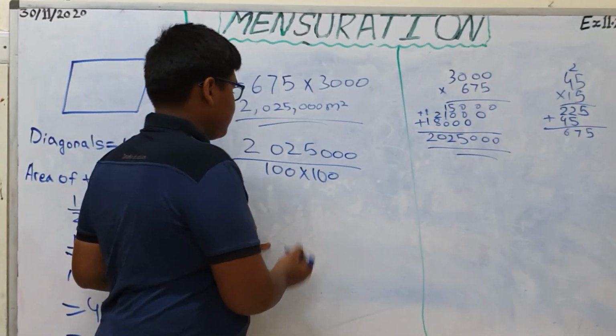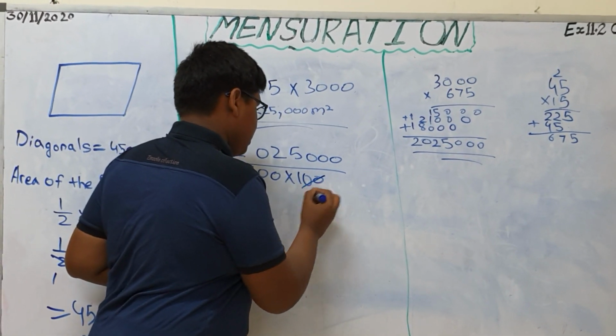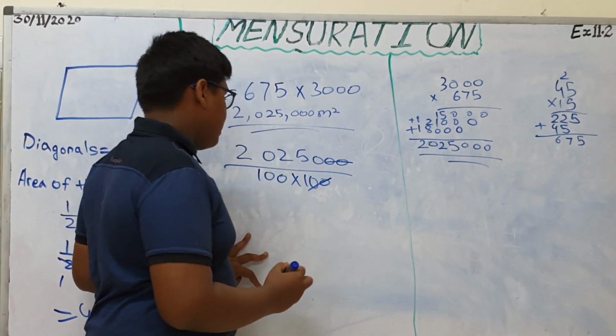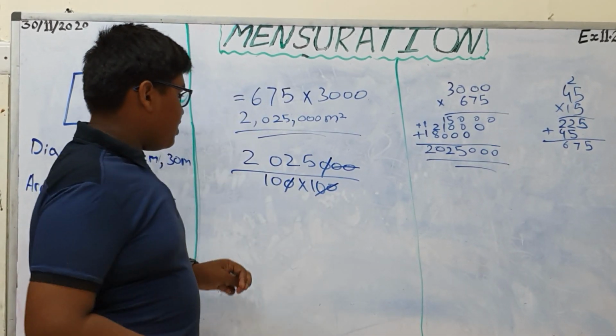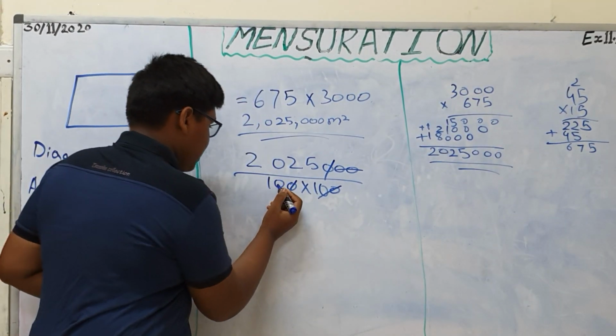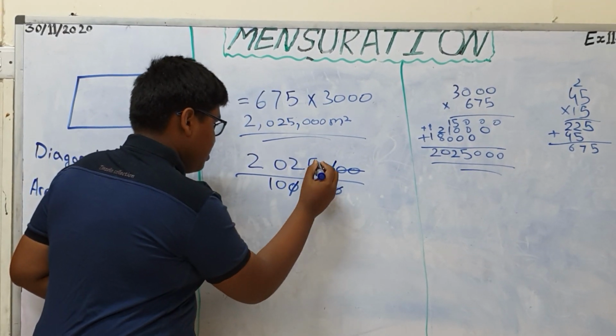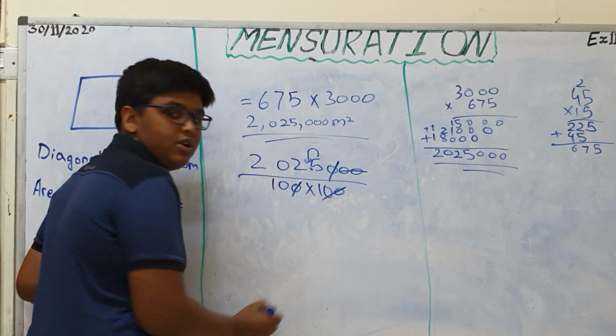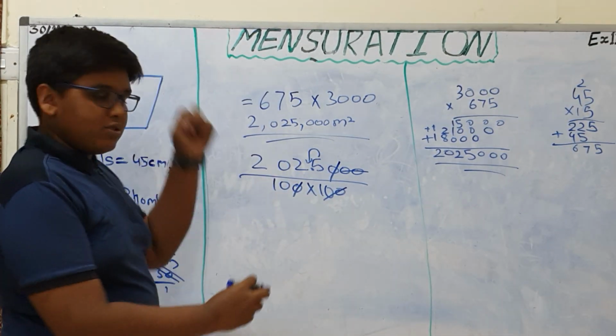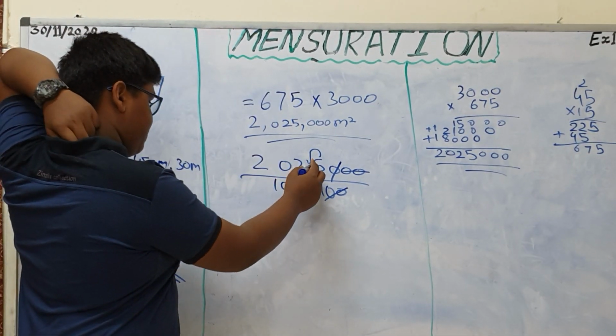Now what we are going to do is cut these 2 zeros here, and cut these 2 zeros here, and cut this 1 zero here. Now this zero place from here we are going to take. So the decimal point is going to come here, because there is only 1 zero left.